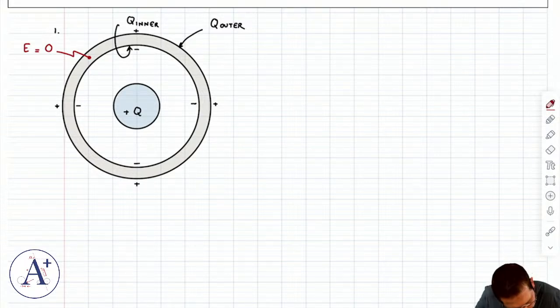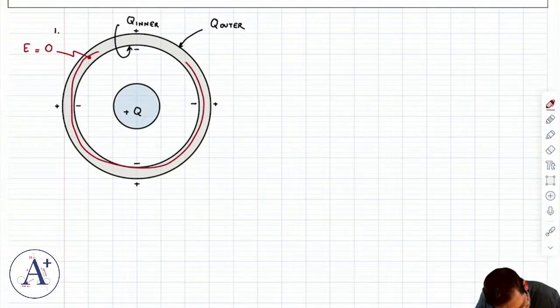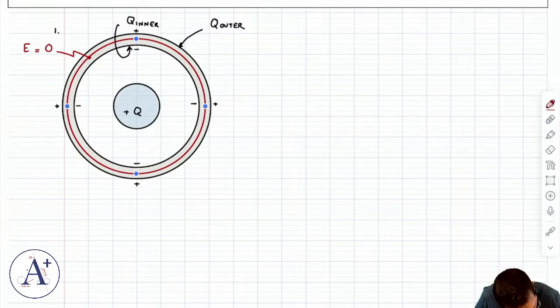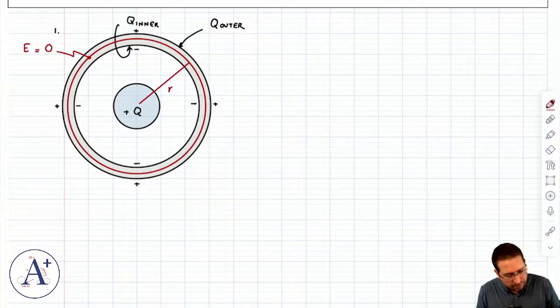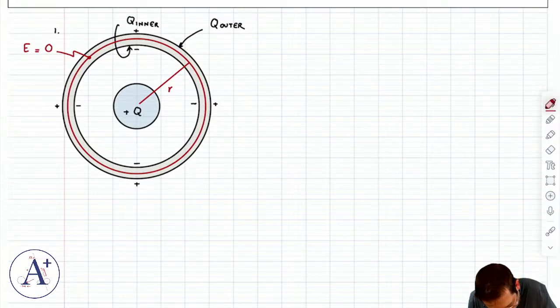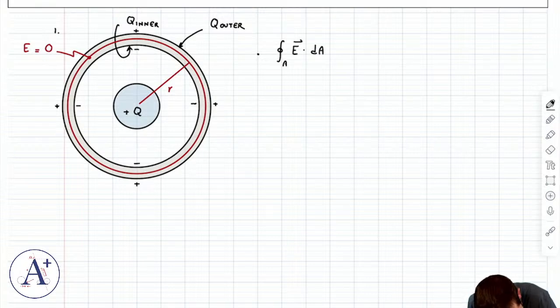If that's true, and this is all spheres, I draw a Gaussian sphere of radius r such that the surface of my Gaussian sphere lives within the spherical shell. Then I will say that the flux through my Gaussian sphere has to be 0.